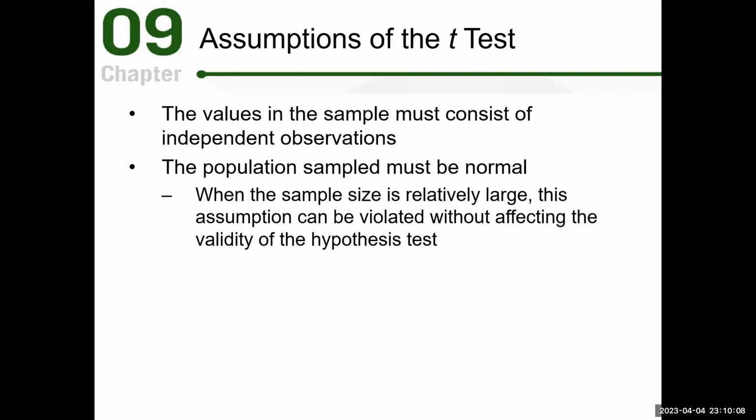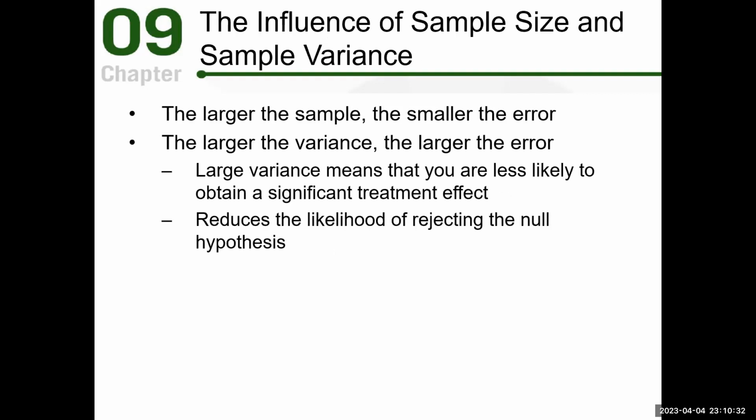When we increase the sample size for a t-test, the t-distribution becomes more and more normal. And so the population that the sample is coming from has to be normal so that we can use the t distribution to create those proportions and find those t critical regions.